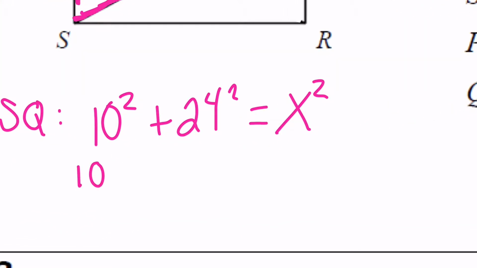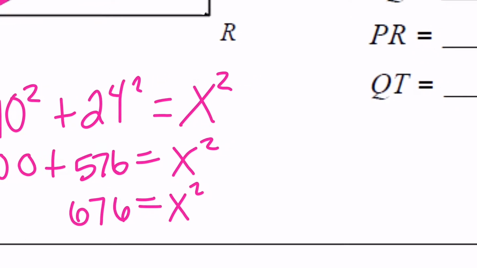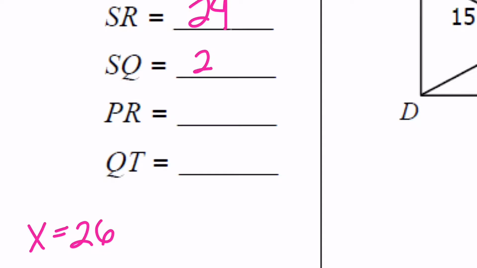So I use my Pythagorean theorem. So 676 is x squared. So when I take the square root of that, x ends up being 26. So SQ is 26.